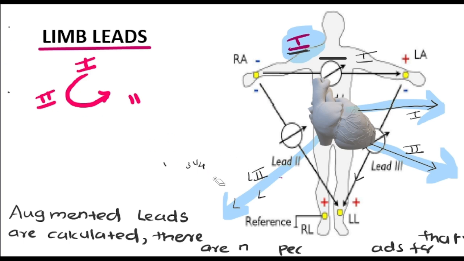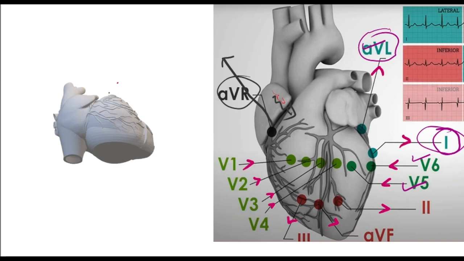This is 2, this is 1. And I told you that lead 2 and lead 3 are inferior leads. Let me show you where exactly they arise. It's here. This is lead 3, this is lead 2.